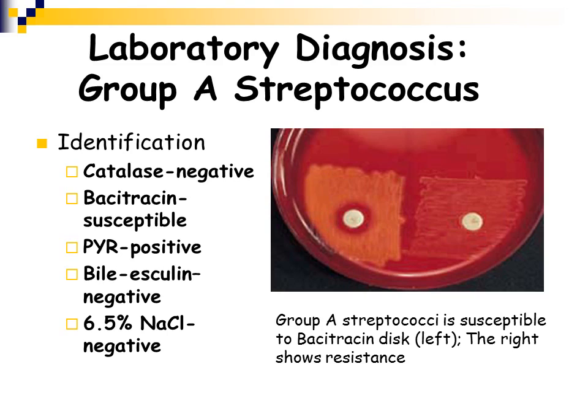If the organism cannot grow right up against the disc and there's a zone around it, it would be bacitracin susceptible. So group A strep would be shown on the left because there's a zone around the disc. Group A strep is also PYR positive, bile-esculin negative, and it cannot grow in the presence of 6.5% NaCl.